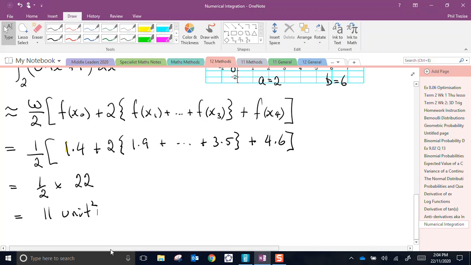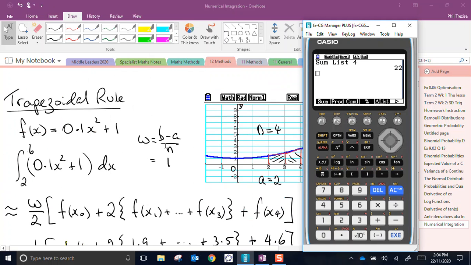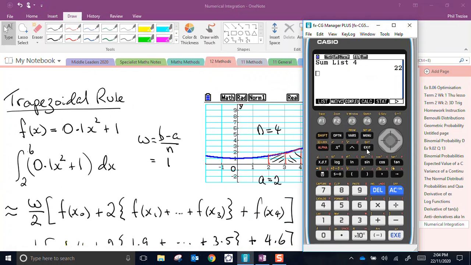Now, just to show on the calculator what's going on here, I could have asked for the integration of 0.1 times x squared plus 1 between the limits of 2 and 6, and I get 10.93.